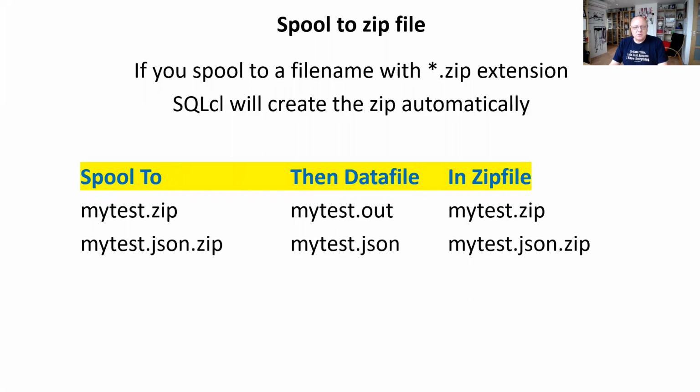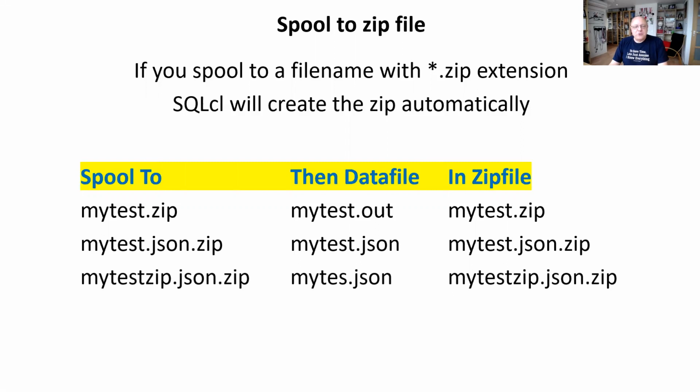In this case, it will be written to mytest.json, and it will be in a zip file mytest.json.zip. However, if you do mytest.json.zip, both the zip and the dot before it will be stripped from this name, so you are left with mytest.json, and the zip file is named correctly.